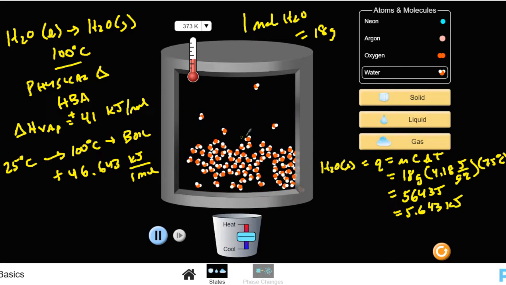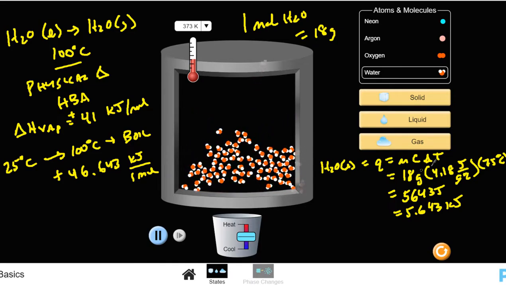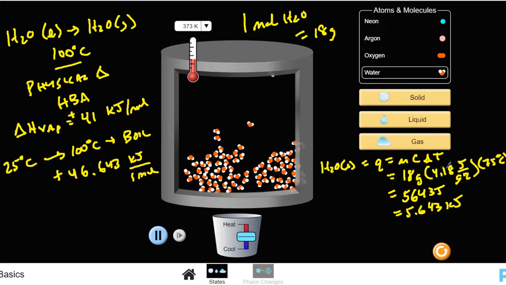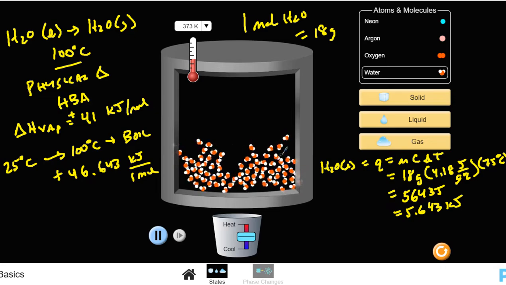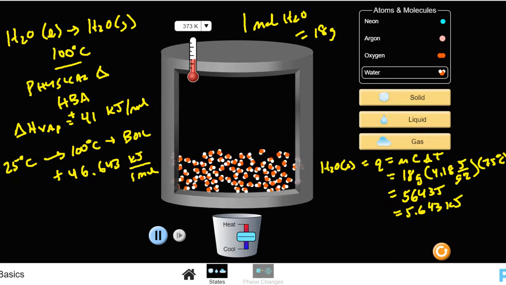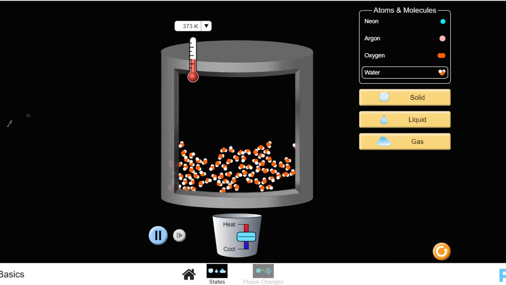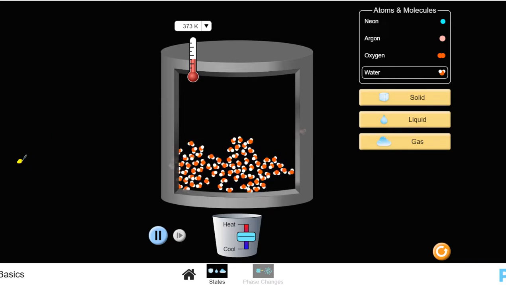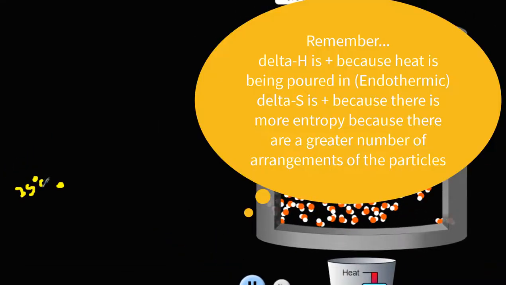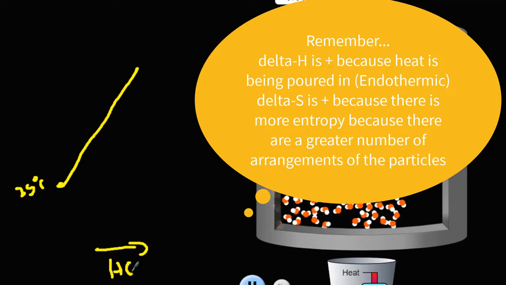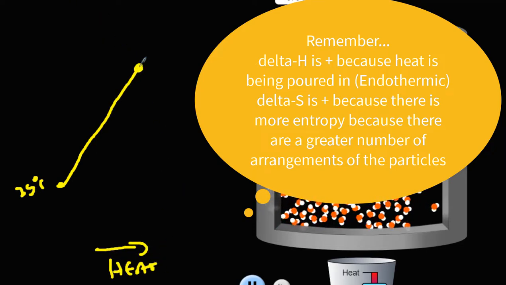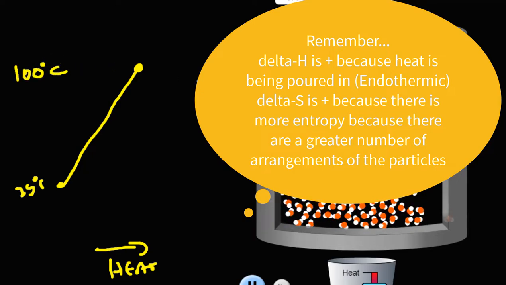Then, once we boil everything, now it's all gas, and now the specific heat of water as a gas changes, and now we can change the average kinetic energy again. Okay? And so if we think about this logically, right here we're at 25 degrees Celsius, and we are going to pour in heat to bring it up to 100 degrees Celsius.